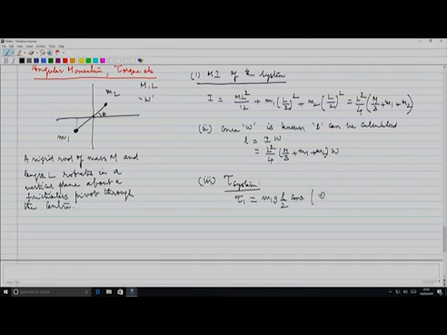The torque has got a direction. So this is out of the plane. Tau 2 is equal to, similarly, m2 g into L by 2 cos theta, but this is into the plane.